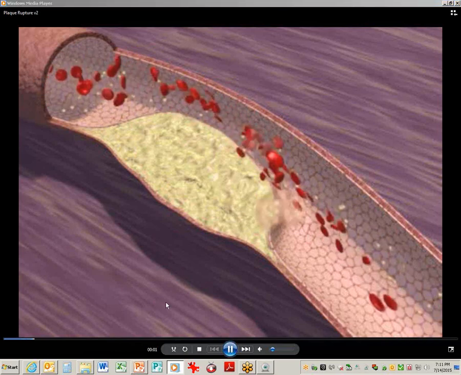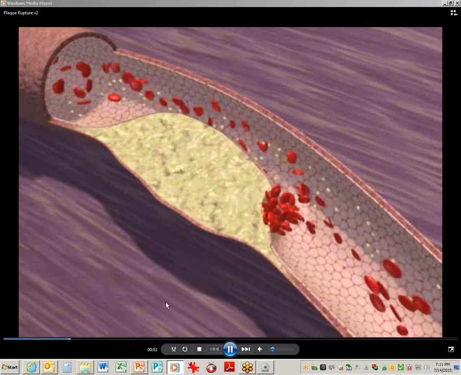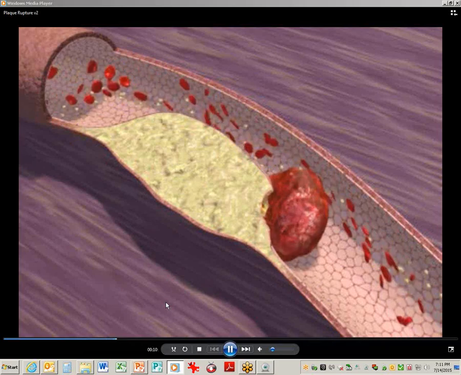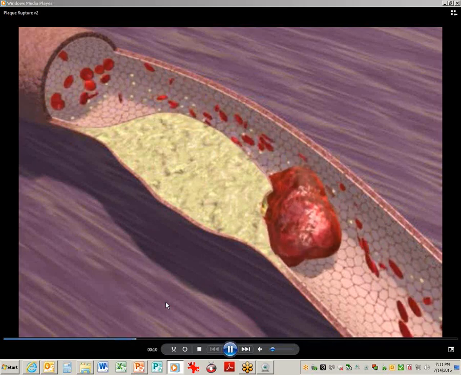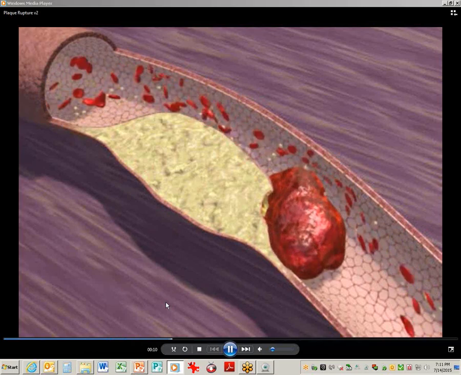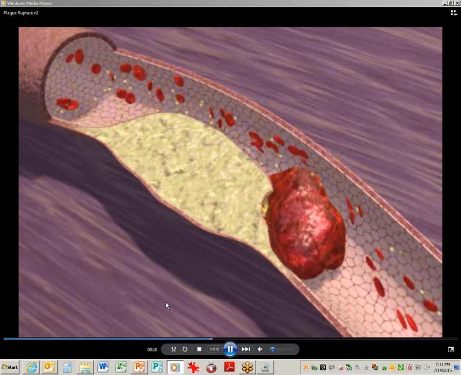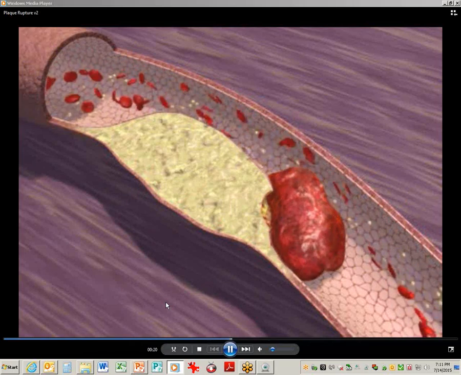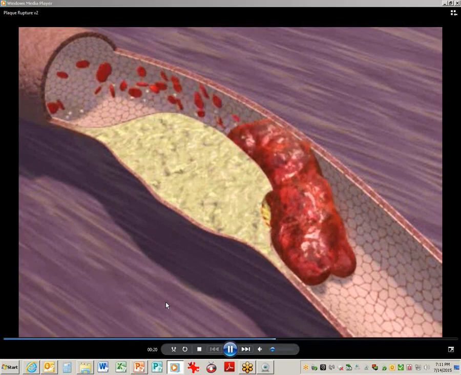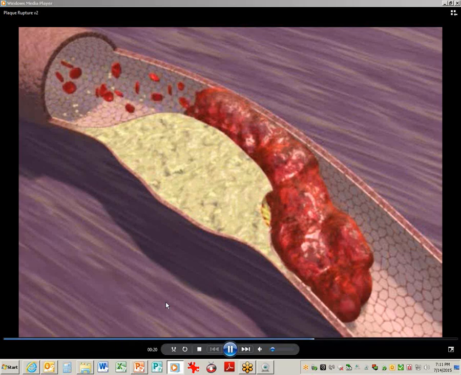So you should be able to see the video, and there's the rupture of that plaque. And platelets are rushed to that particular site. Rich red fibrin weaves through those platelets, causing a clot. And you can see some blood is getting by, but at this point, the patient's probably going to be having chest pain. As time continues, the clot expands and gets larger and completely occludes the coronary artery.